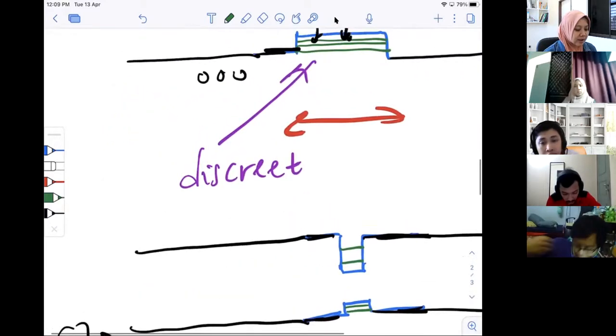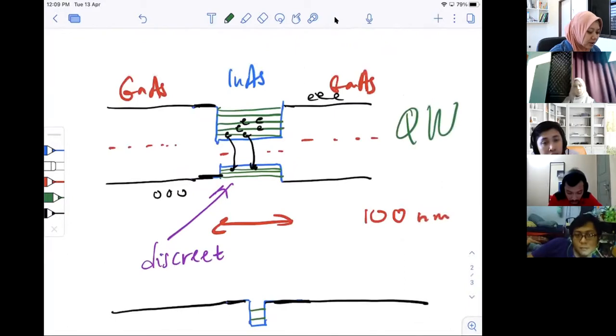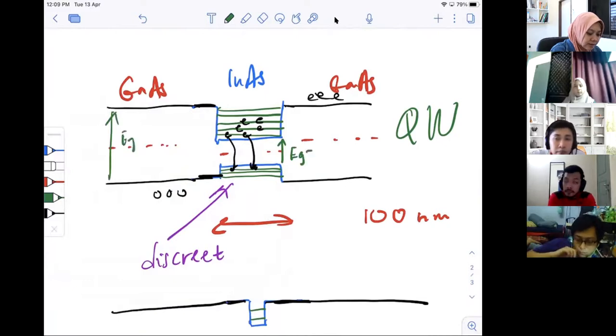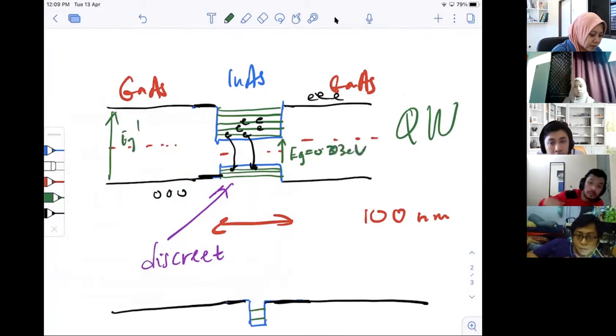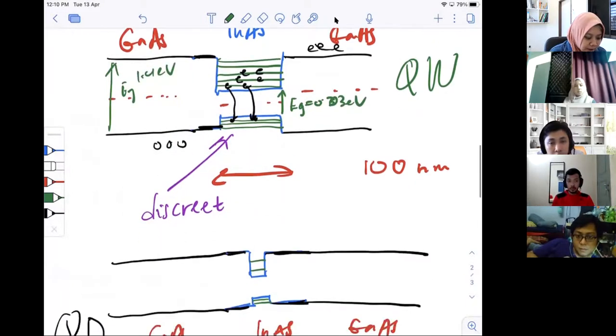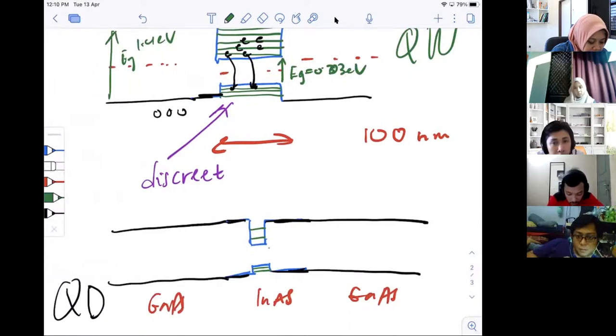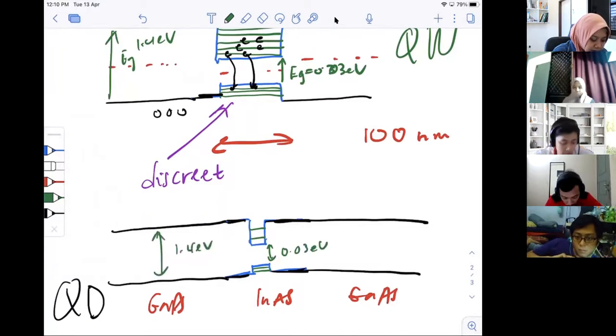So katalah berapa 0.3 lah dia punya energy band diagram before, energy band gap, energy band. So energy gap. So this is 0.03 eV. So this is 1.4 eV. So yang ni pun sebab dia material sama lah, yang ni pun should be 0.03 eV. This should be 1.4 eV.